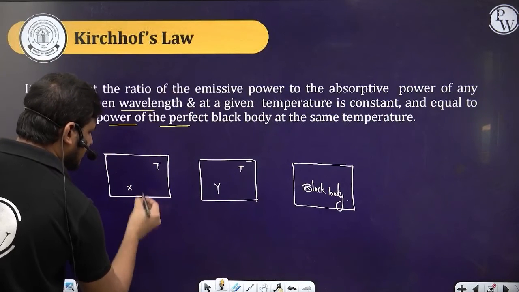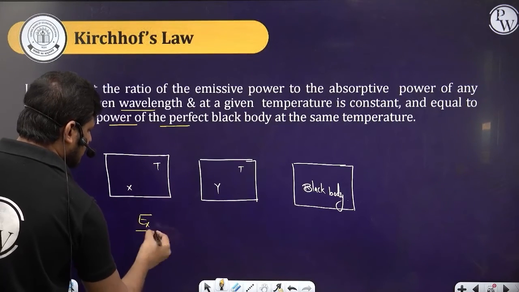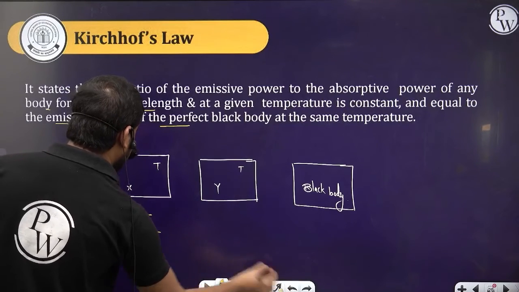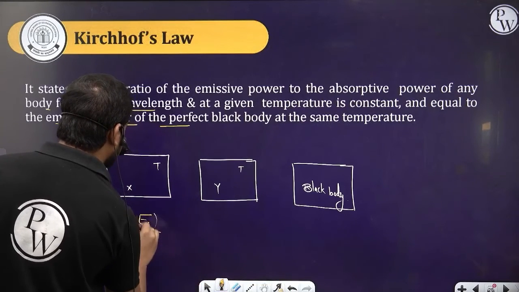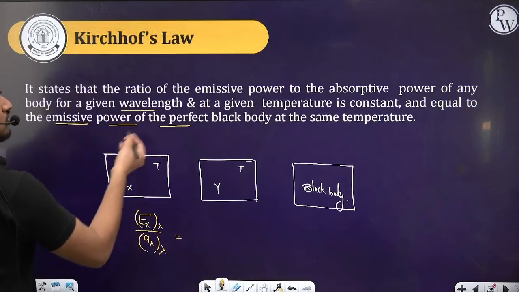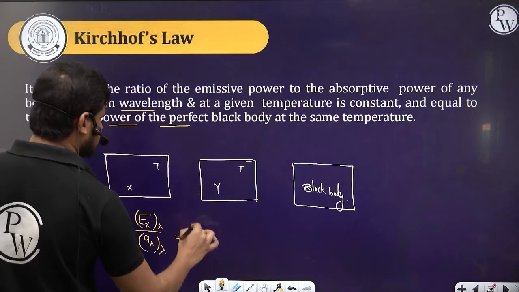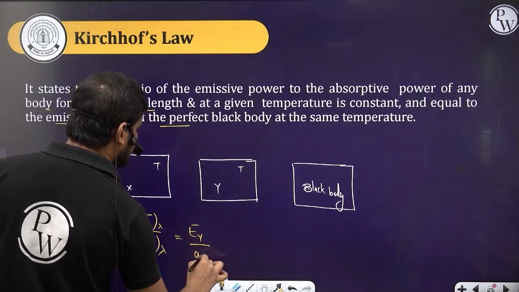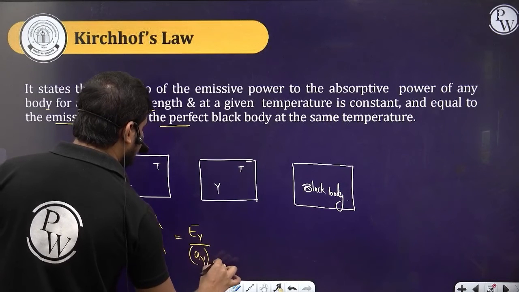So E by A of X for a given wavelength, at a given temperature T, is equal to emissive power of Y body by absorptive power of Y body at the given temperature.